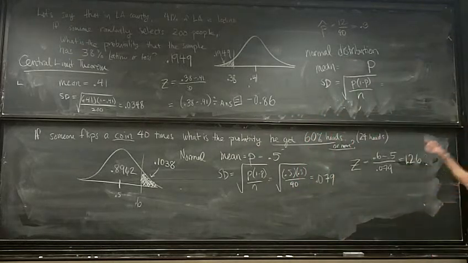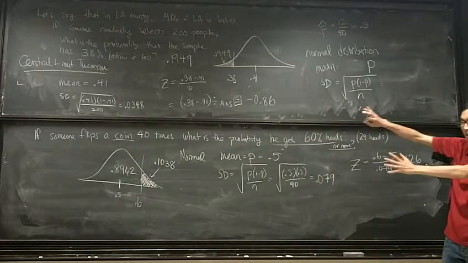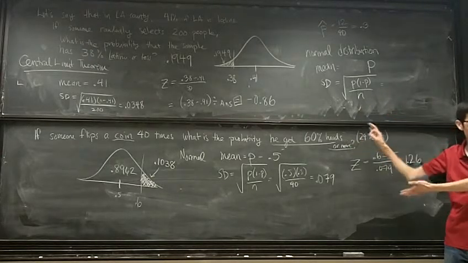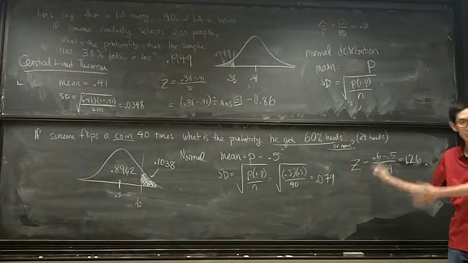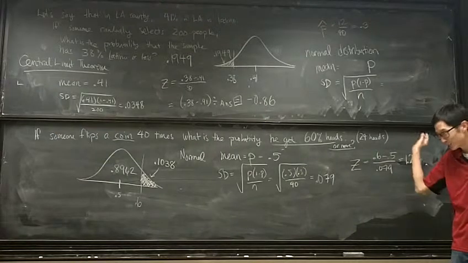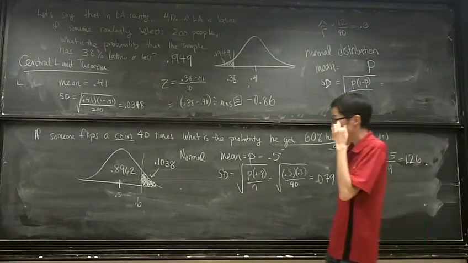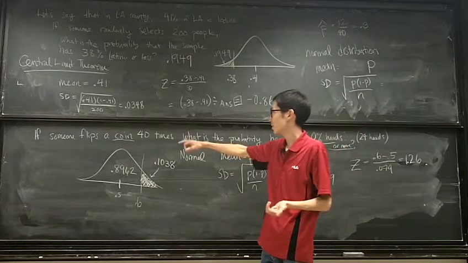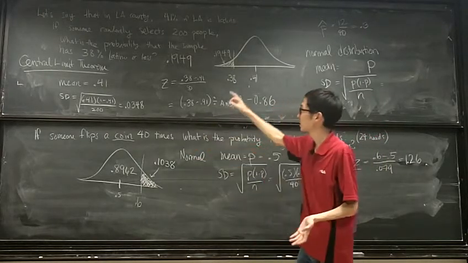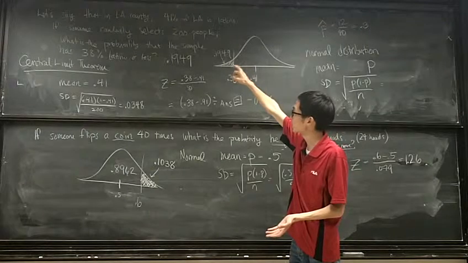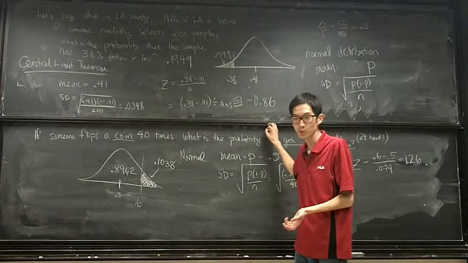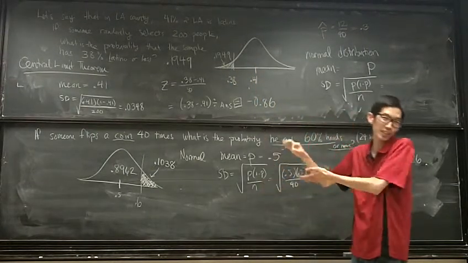Okay, so you'll definitely see a problem very similar to this example on the quiz next week. Alert, star this in your notes. Except it won't be flip a coin 40 times, or Los Angeles County is 41% Latino. It's going to be something else.